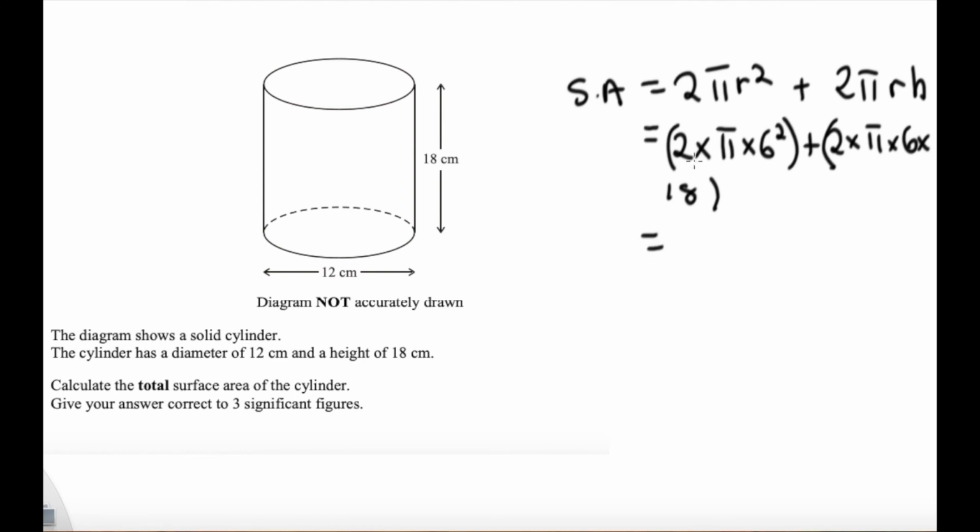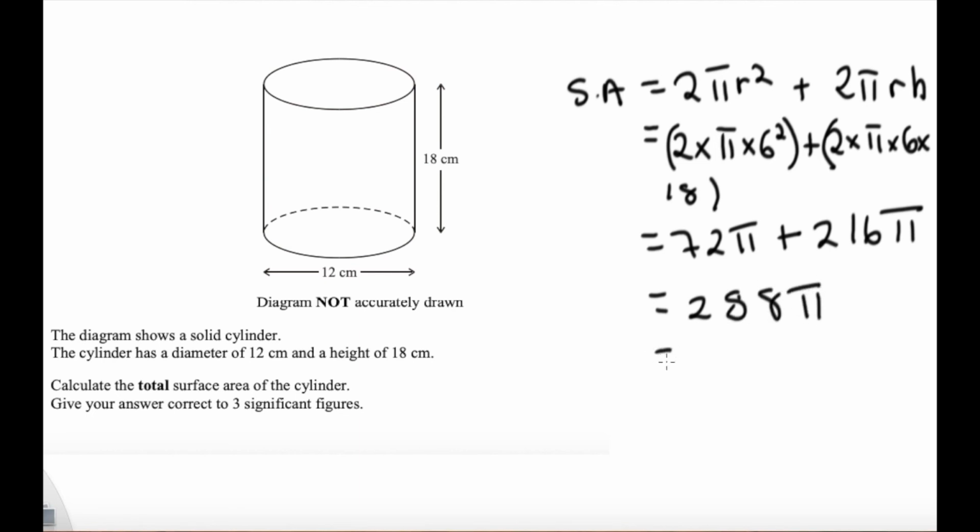So if we do 2 times pi times 6 squared, it will give us 72 pi, plus 2 times pi times 6 times 18, which will give us 216 pi. And if we add these two together, it will give us 288 pi.